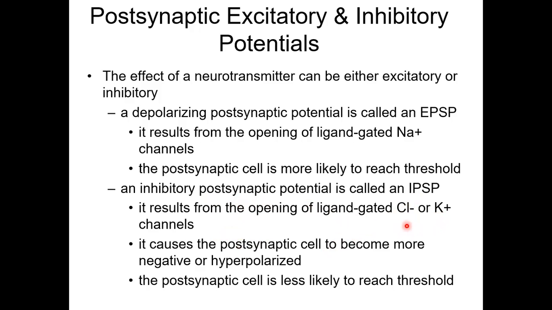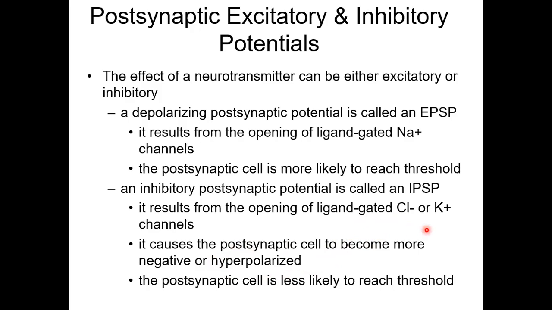When we open ligand-gated chloride channels, chloride ions, negatively charged ions, will rush into the neuron, cause the millivolt level to go into the minus 90 millivolt area. That's called hyperpolarized, and at that stage, the neuron cannot possibly fire a nerve impulse. So we are inhibiting it by moving chloride ions into the cell.